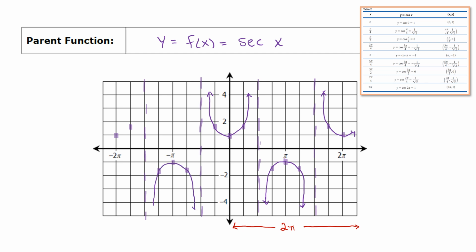Approaching the asymptote. All right. And that is our secant graph.